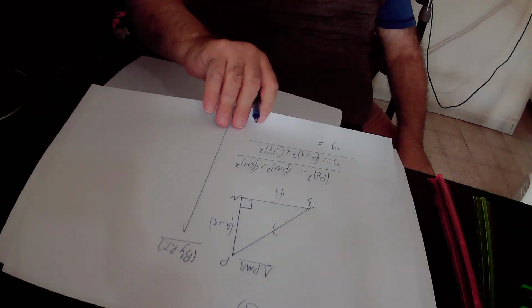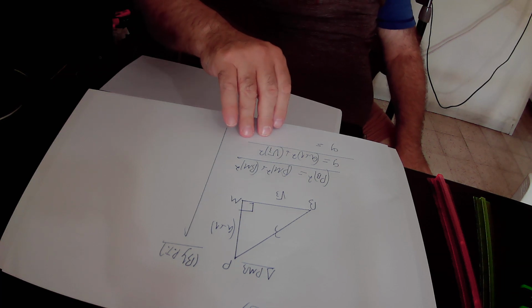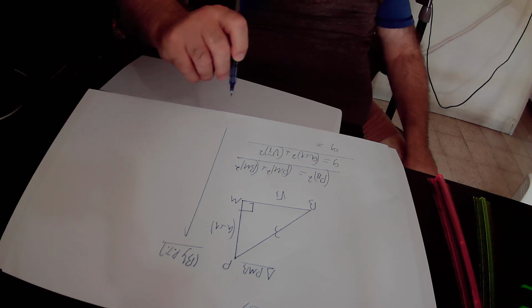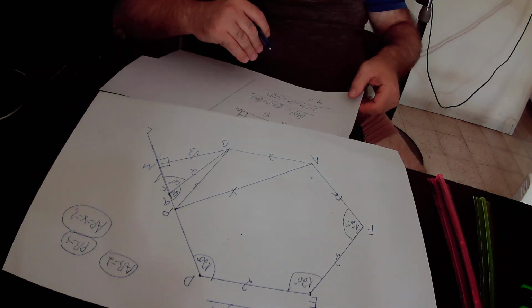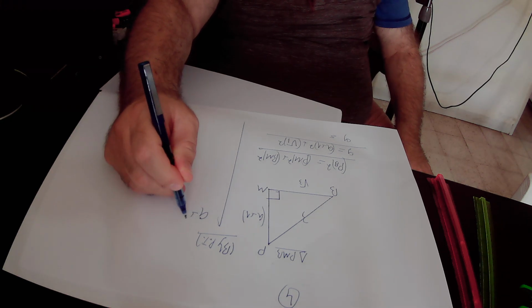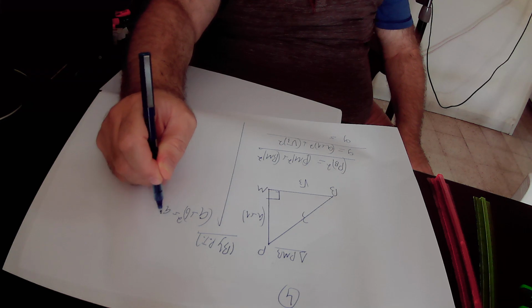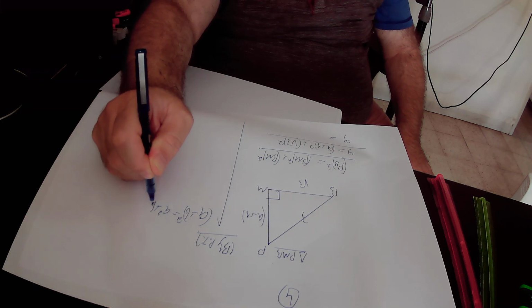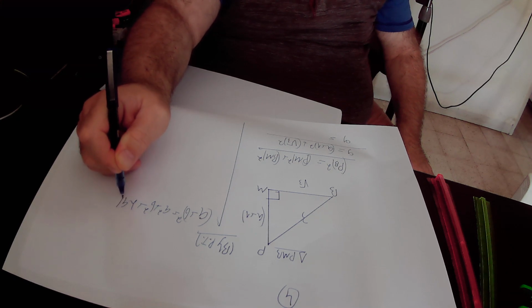According to the algebraic identity, A plus B squared equals A squared plus B squared plus 2 times AB.